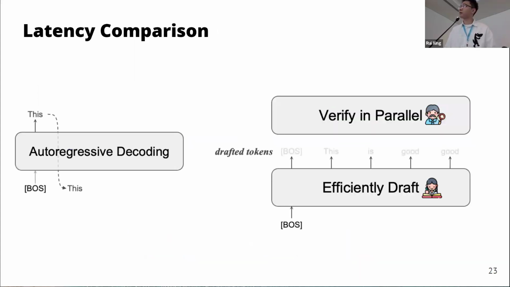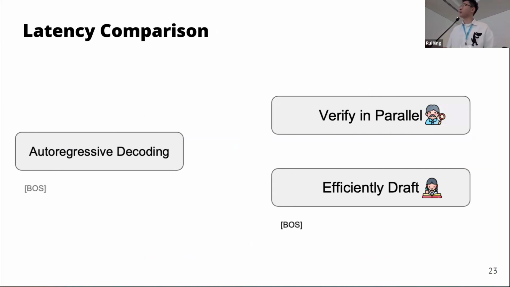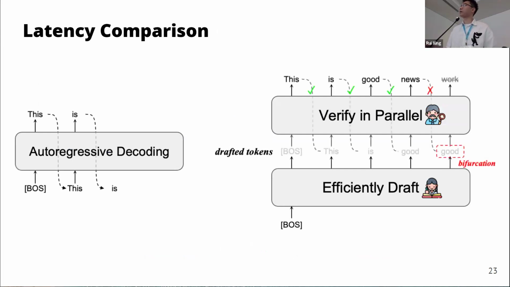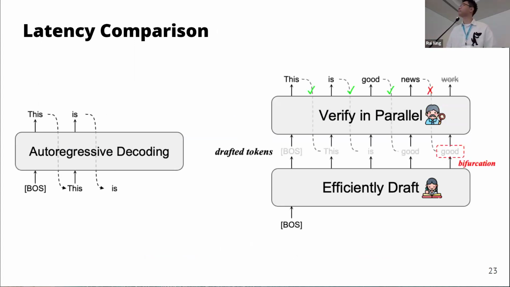And here is a latency comparison of speculative decoding to autoregressive decoding. Well, we can see that in this case, speculative decoding is 2 times faster than autoregressive decoding. And we can see that the draft process is very efficient, and the verification process is conducted in parallel.